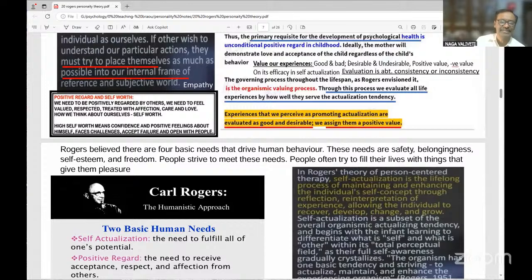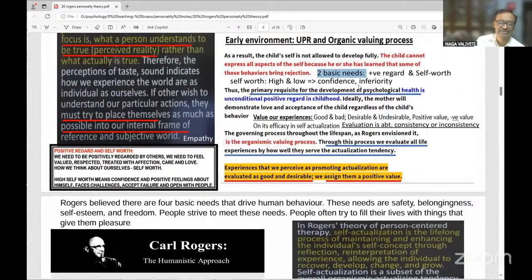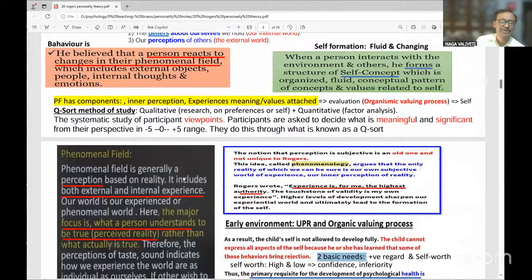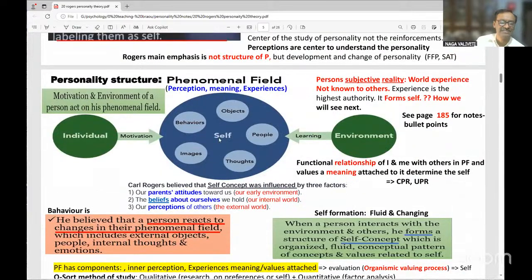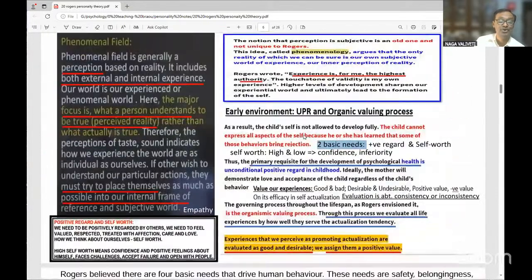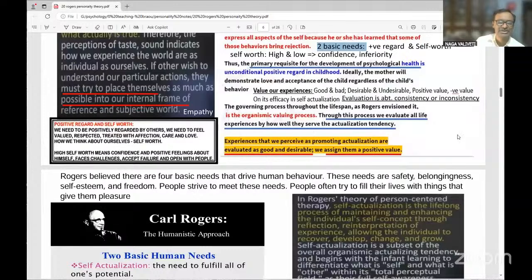Everything is determined through your experiences with respect to these people and creating yourself, and to promote yourself in terms of actualizing your potentialities, right?